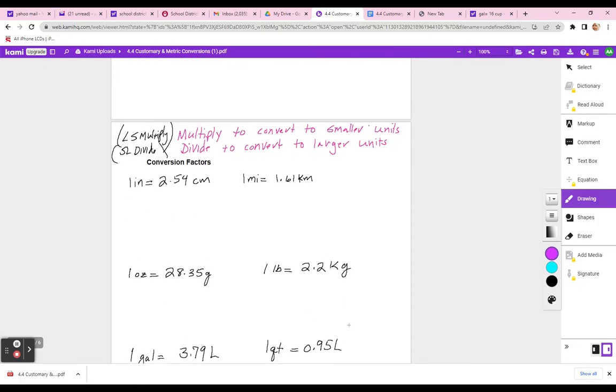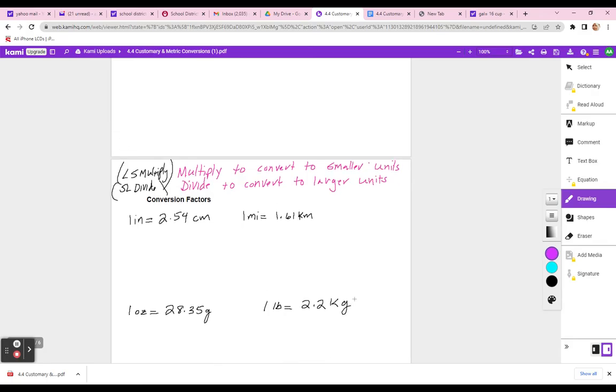All right, so if we're going to convert using dimensional analysis, what we're going to need to do is convert all these equations into a conversion factor. Basically, all you have to do is write this as a fraction. So we can say 1 inch is 2.54 centimeters.